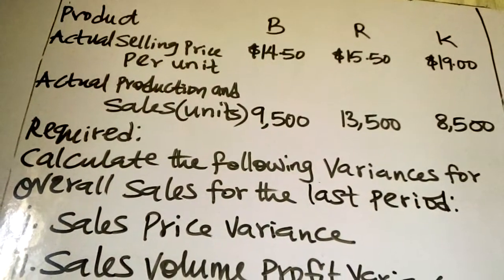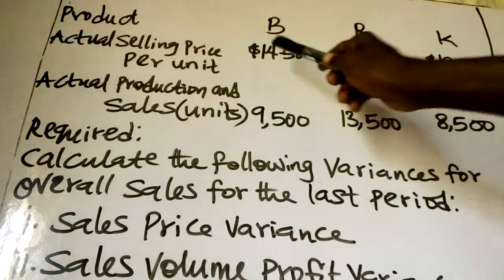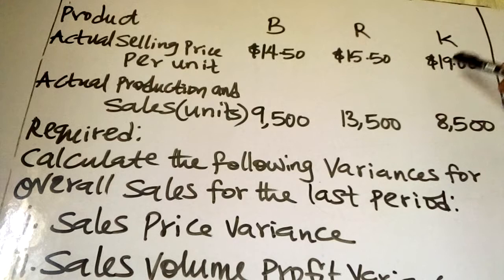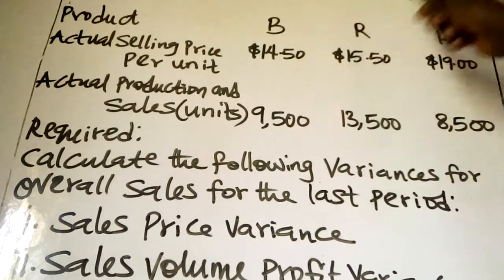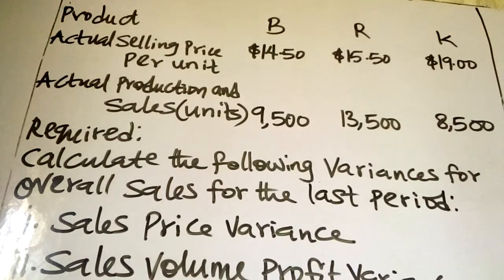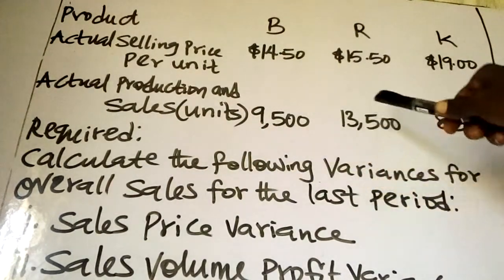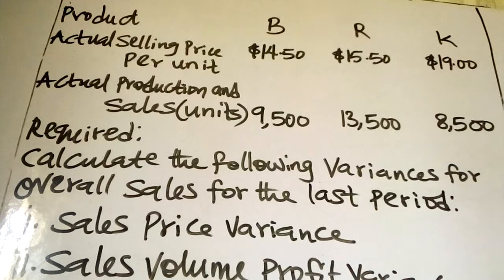We have product B, R, and K. Actual selling price per unit is $14.50, $15.50, and $19.00 for B, R, and K respectively. Actual production and sales in units are 9,500, 13,500, and 8,500 for B, R, and K respectively.